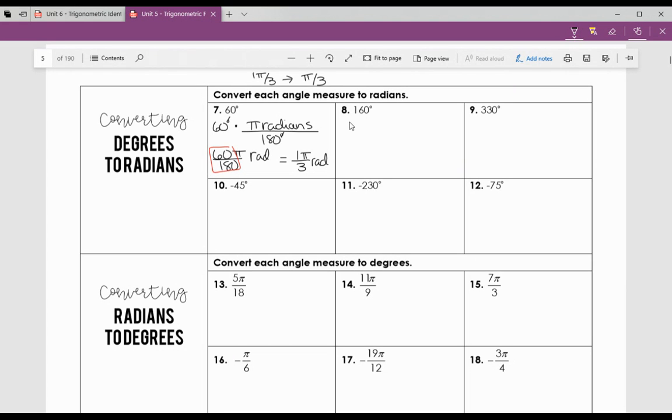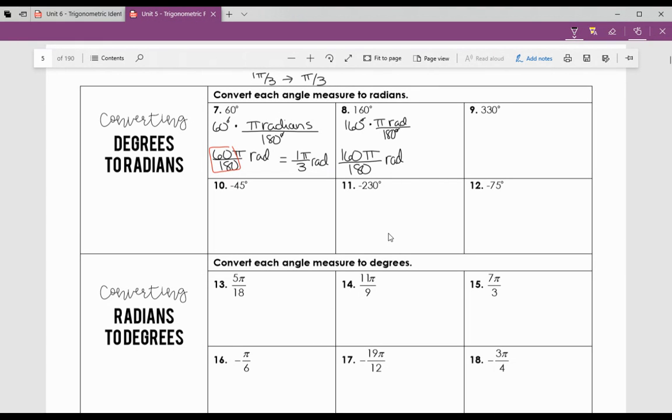So for the second one, we're going to take 160 degrees, multiply by pi radians, and I'm going to abbreviate that as rad, over 180 degrees. The degrees will cancel. So basically, you're taking 160 pi over 180, and you're reducing the 160 and the 180. So what does that reduce down to? 8 over 9.